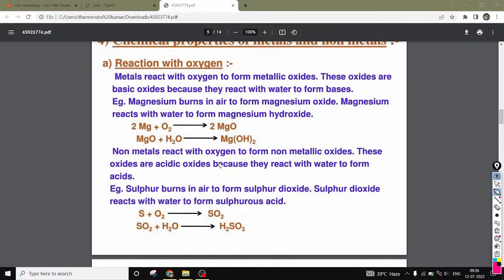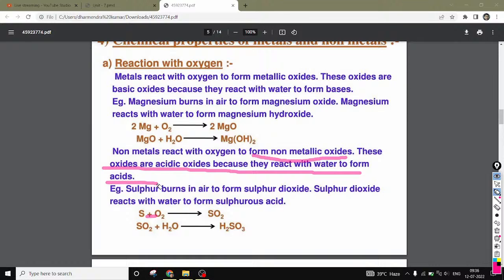Similarly, non-metals react with oxygen to form non-metallic oxide. If you have any non-metal, like sulfur, and it reacts with oxygen, it forms non-metallic oxide, and these oxides are acidic oxides because they react with water to form acid.